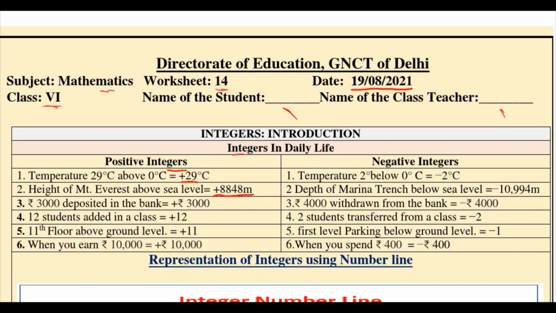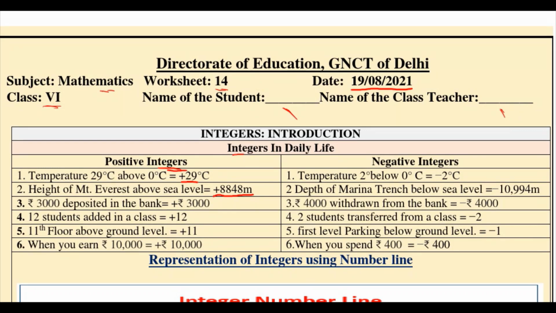Wherever you are getting words like above, more, deposited, added, or words which refer to profit, they are related to positive integers. And you always use a plus sign with that. It is not necessary to always use it. If you don't use this plus sign, it will still be recognized as a positive integer.